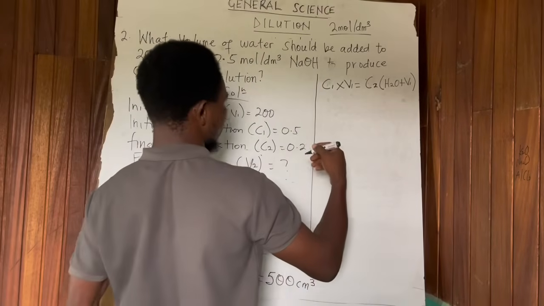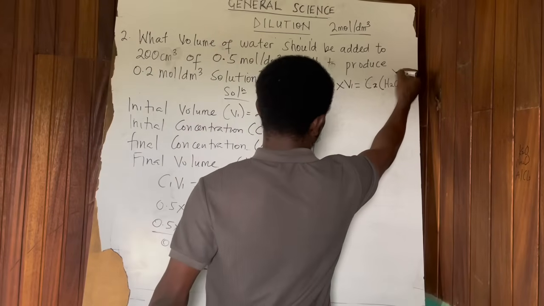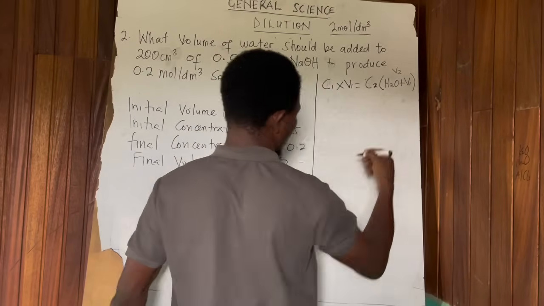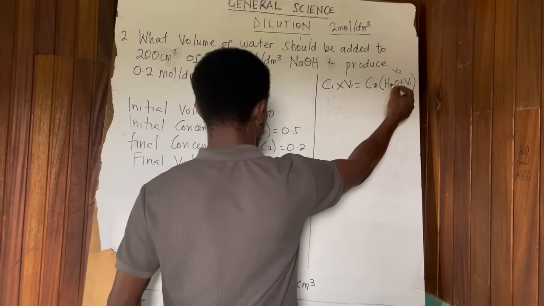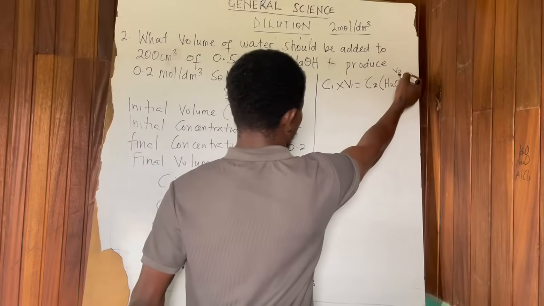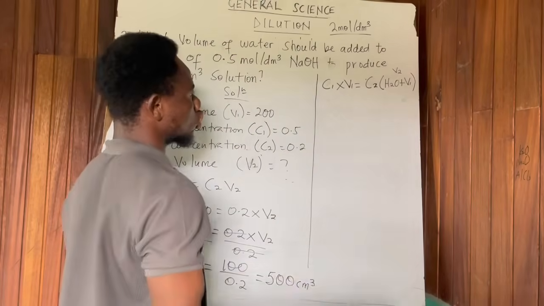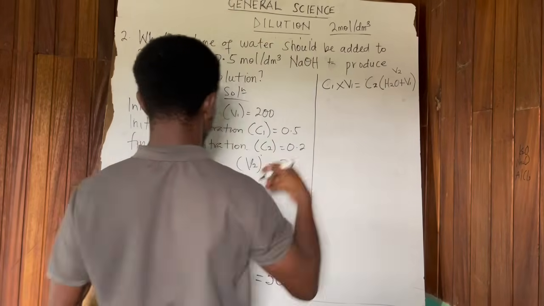Now don't forget we said our V1 plus our H2O will give us our final volume, because to our initial volume we added the amount of water, then we had our final volume, which was V2. So let's put in the values and see whether we are going to find our H2O.